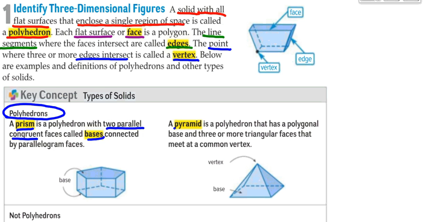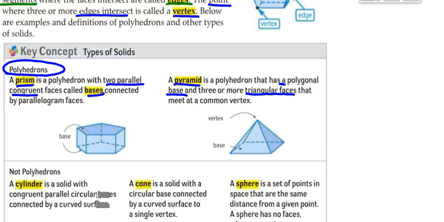A pyramid has only one base, and its faces are triangular faces that meet at a common vertex. So the vertex is that point at the top, and the base is the shape on the bottom.